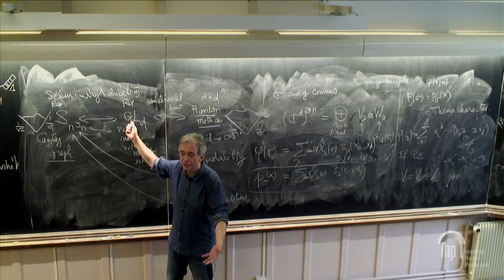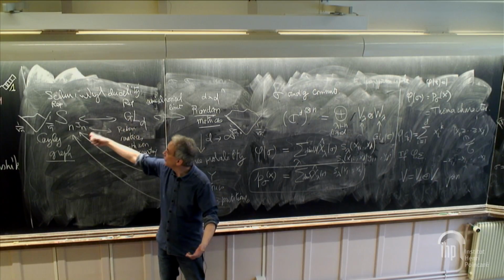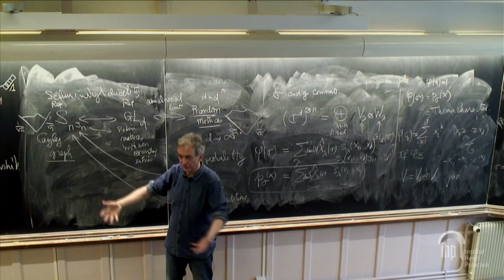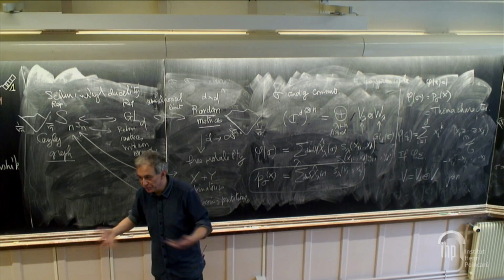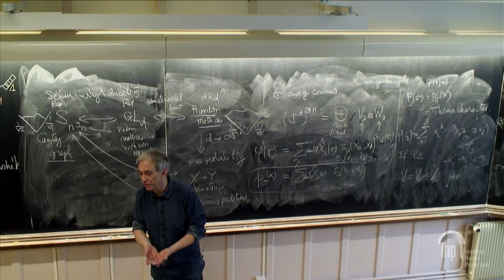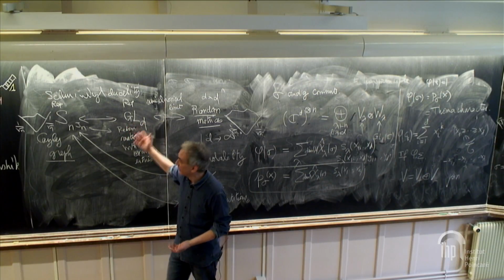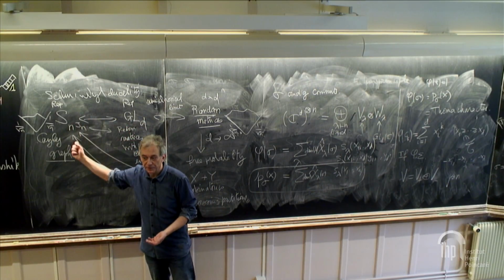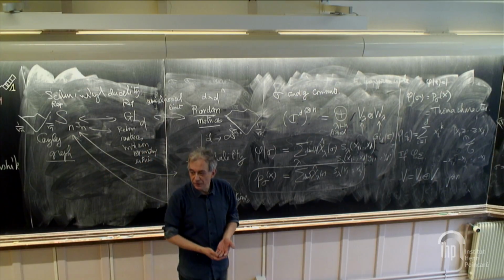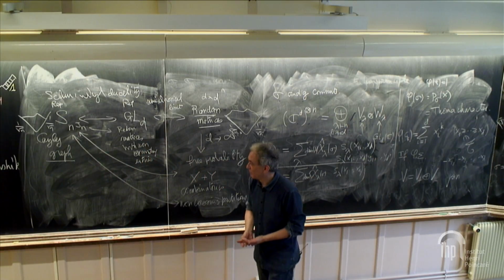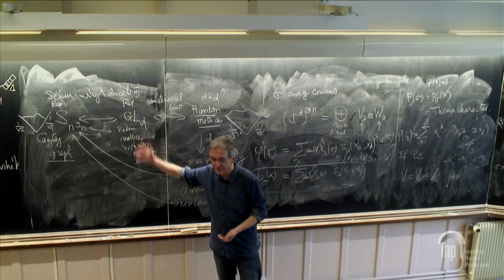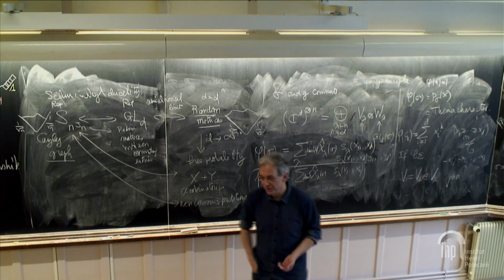Because it commutes with S_n, it will commute also with GL_d, so it will be an element in the center of GL_d. If we interpret it as an element in the center of GL_d, we will have this interpretation.